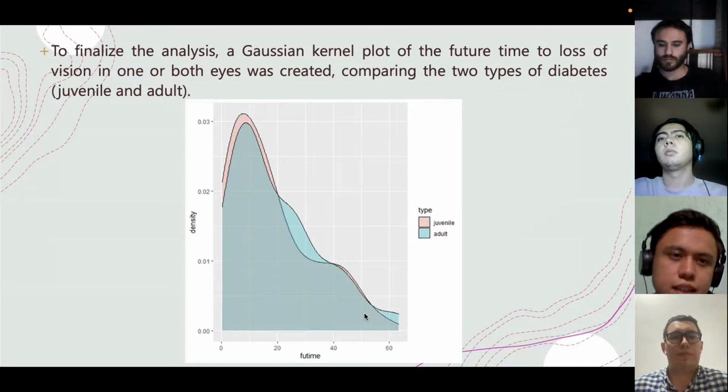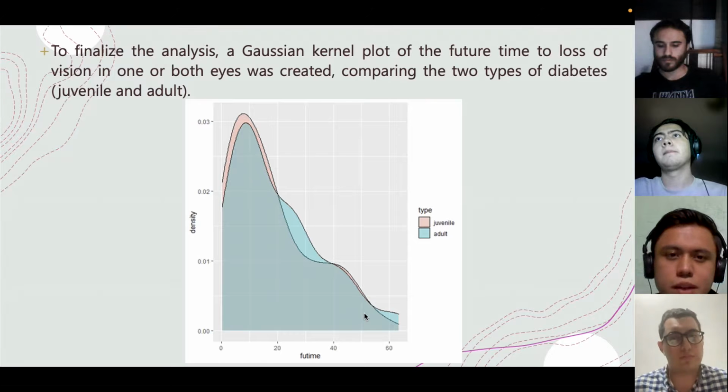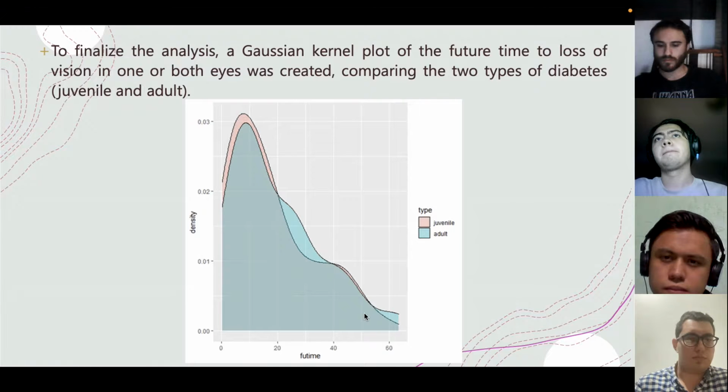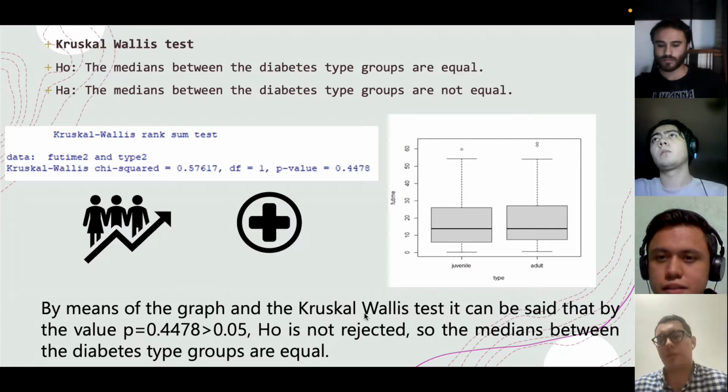To finalize the analysis, a Gaussian kernel plot of the future time to loss of vision in one or both eyes was created, comparing the two types of diabetes, juvenile and adult. And also a Kruskal-Wallis test, with null hypothesis that the medians between the diabetes type groups are equal, and alternative hypothesis that the medians between the diabetes type groups are not equal.